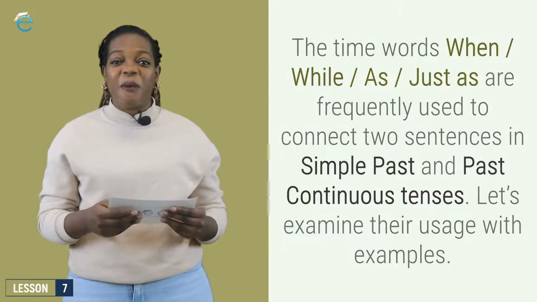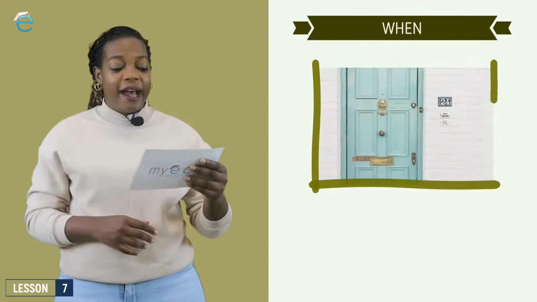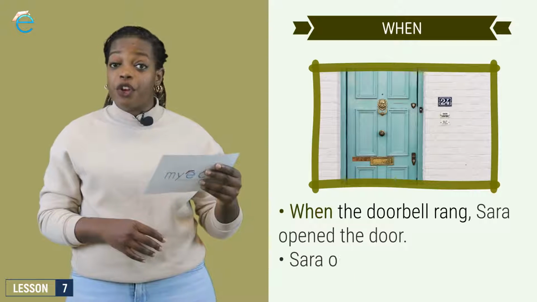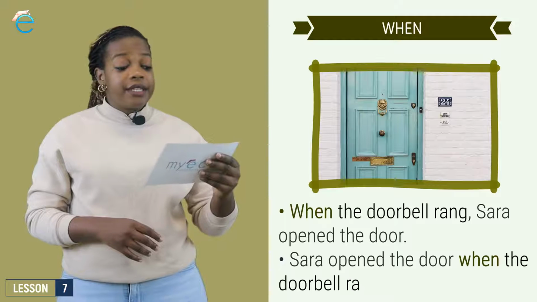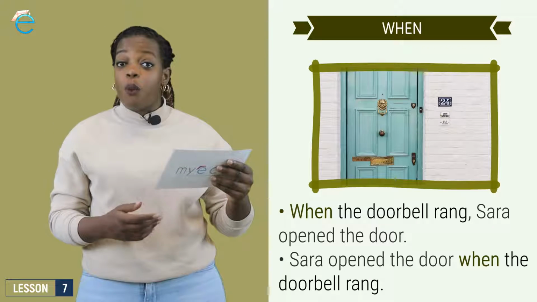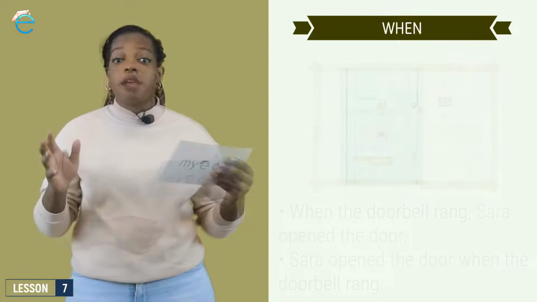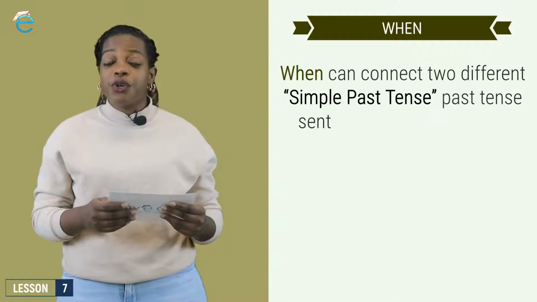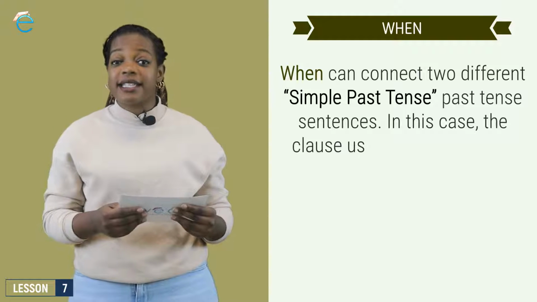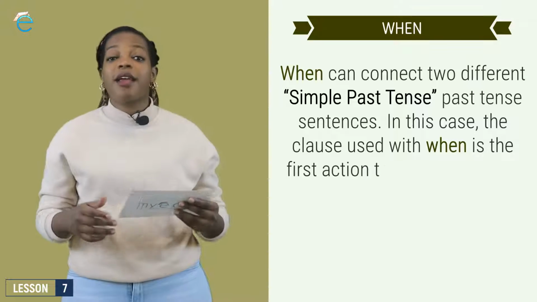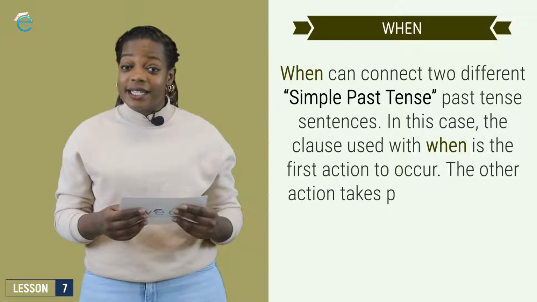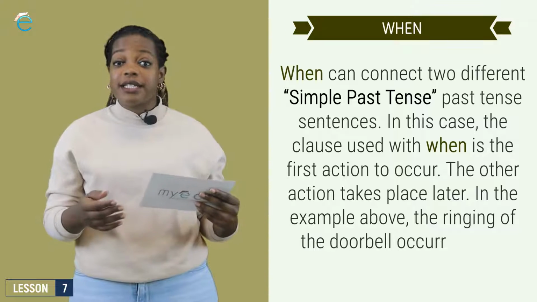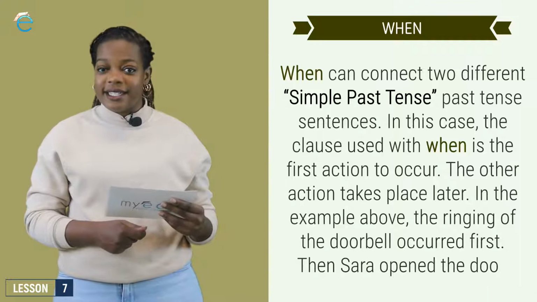Let's start with when. For when we have, when the doorbell rang, Sarah opened the door. Or, Sarah opened the door when the doorbell rang. Here we can see that when can connect two different simple past tense sentences.